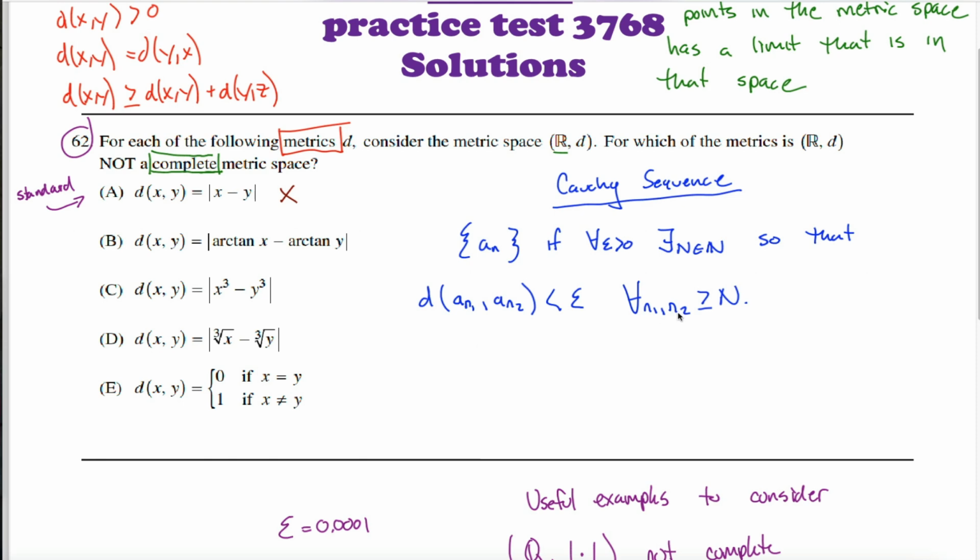And all subsequent numbers in the sequence must be within 1, if I choose epsilon to be equal to 1, of that real number. But the fact that any number within 1 of a real number, and when I say within, again, we're talking about this standard notion of distance, is itself a real number, means that that sequence will have to converge to a real number. So with our standard notion of distance, this is a complete metric space.